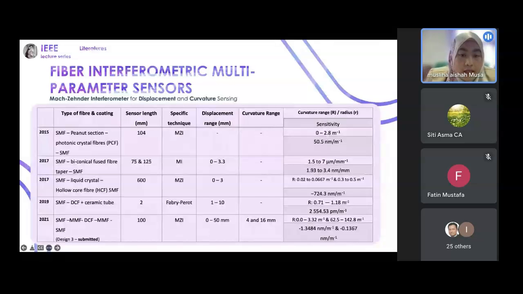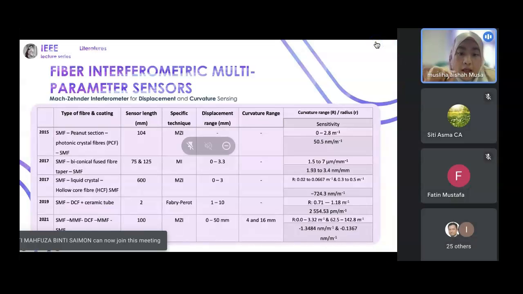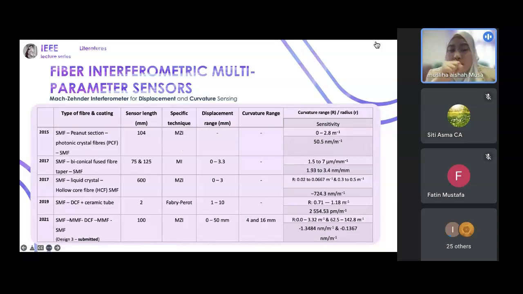Before this, they just used it for displacement, but for high curvature they don't use this for both. They just use one for displacement and then another fiber for the curvature. They don't use this one for multi-parameter. So it's just a new technology. We can also use DCF for displacement and also curvature.